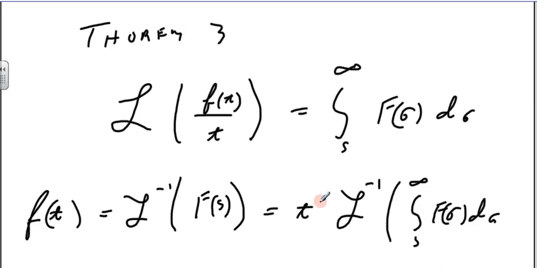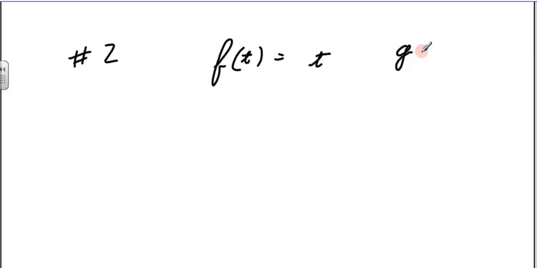Okay, well, we're done talking about theory. Now we're into solving problems using the theory, which is always helpful to do if we can do that. So problem number 2, that doesn't look much like a 2. Problem number 2, I have f of t is equal to t, and g of t is equal to e to the at.